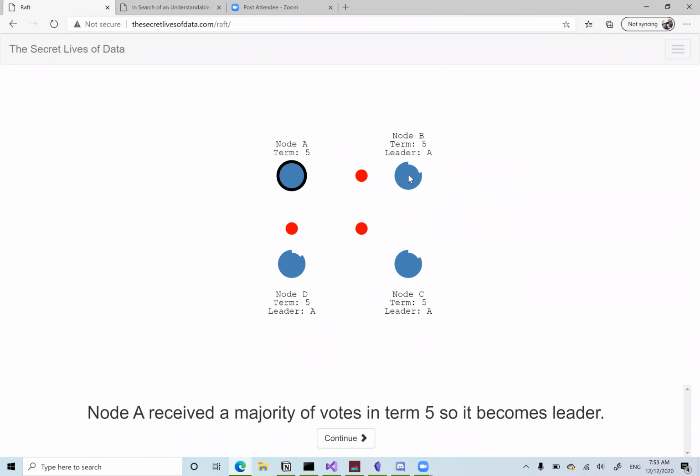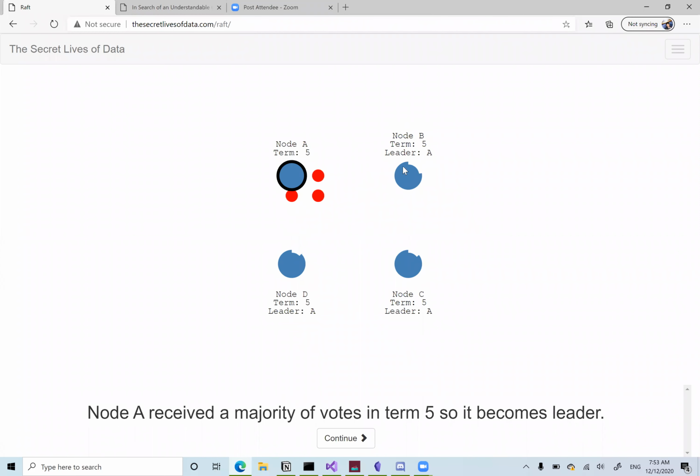And now because node C has still not voted and it got the voting request from node B, it will give its vote to node B, right? And now when the node A request reaches, because node C has already voted for node B, it will not give its vote to node A.